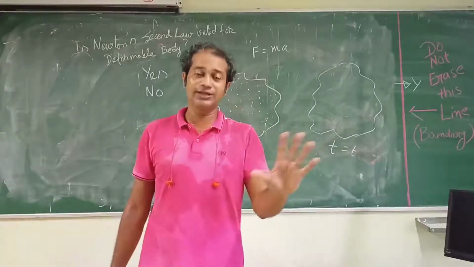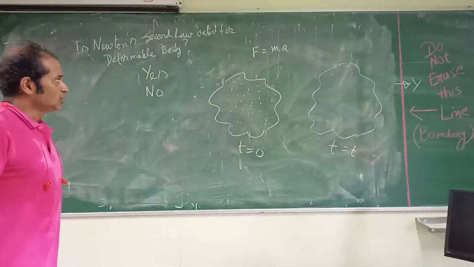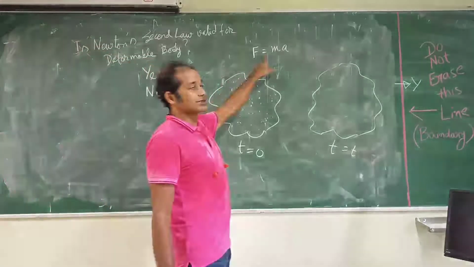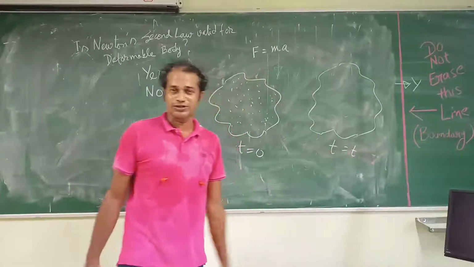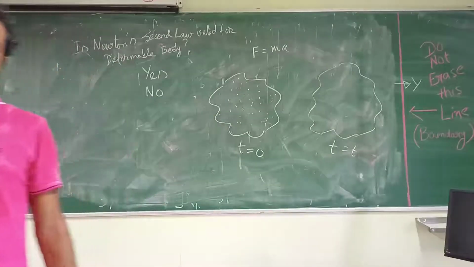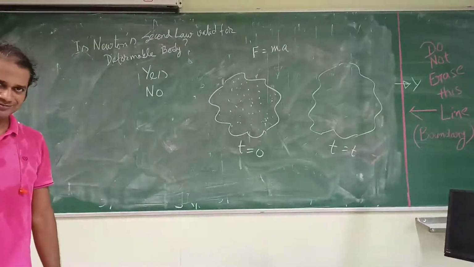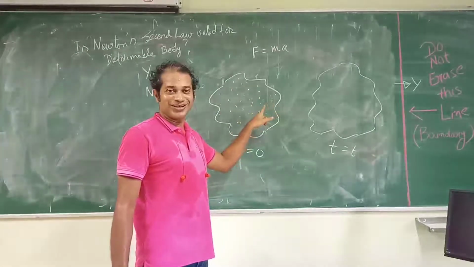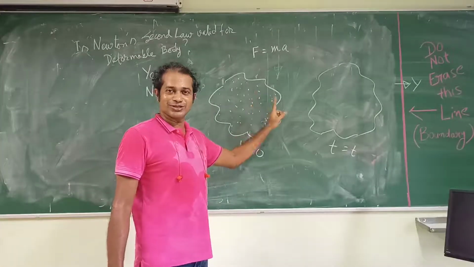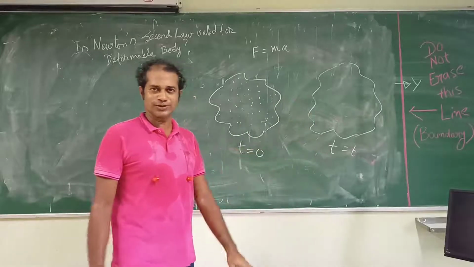And it has infinitely many points. So you have only one equation, F is equal to ma, and you have infinitely many points. Can you solve with one equation and predict the position and velocity of infinitely many points? Can you solve this problem?